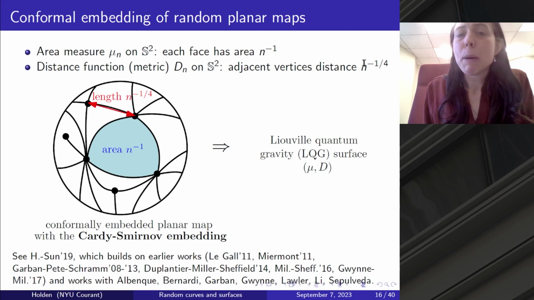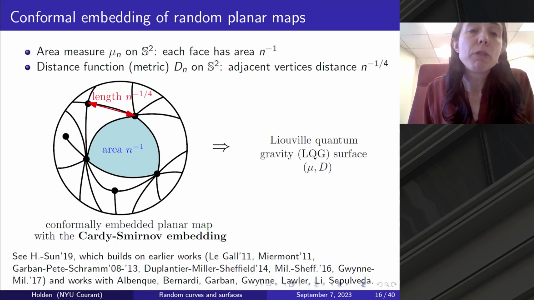It's far from obvious why we want to use this particular power 1/4. In standard Euclidean geometry, if we are rescaling areas by n, then we actually want to rescale distances by root n. So you see that we get a different power: we have 1/4 instead of 1/2.